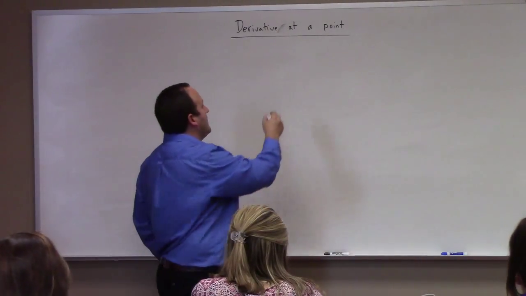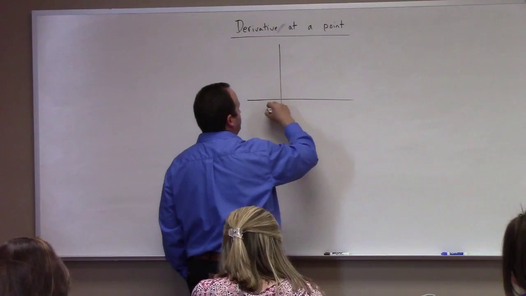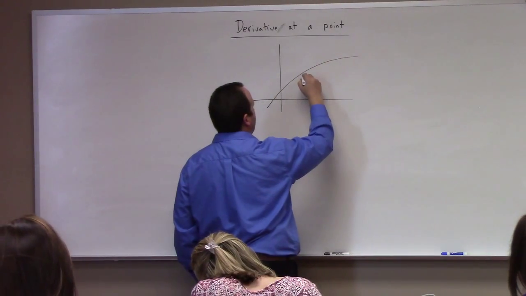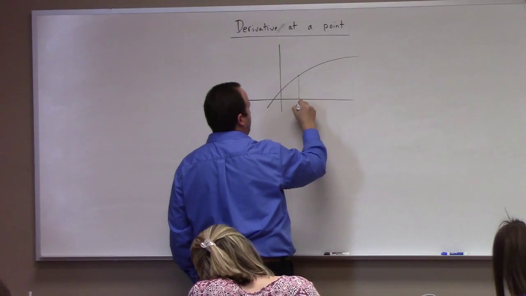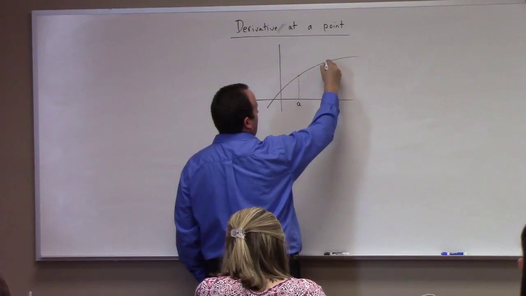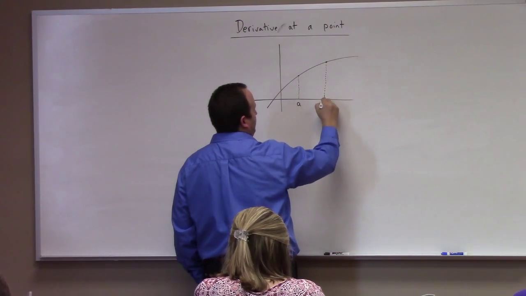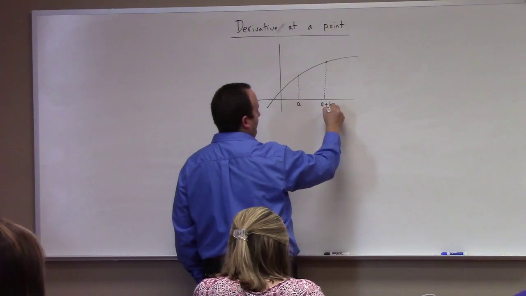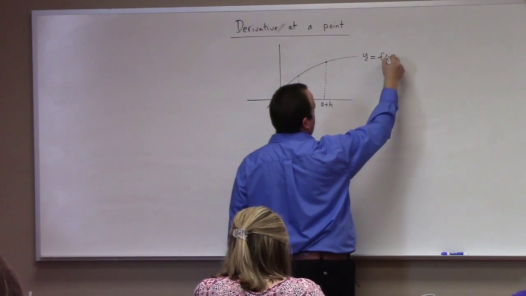So here's a picture we can draw. Here's the point in question, a, right? Then I think about another point on the graph at, say, a plus h. This curve I drew is y equals f of x.